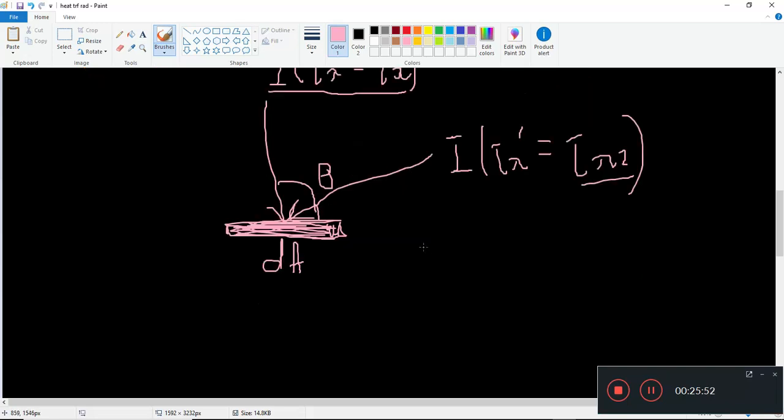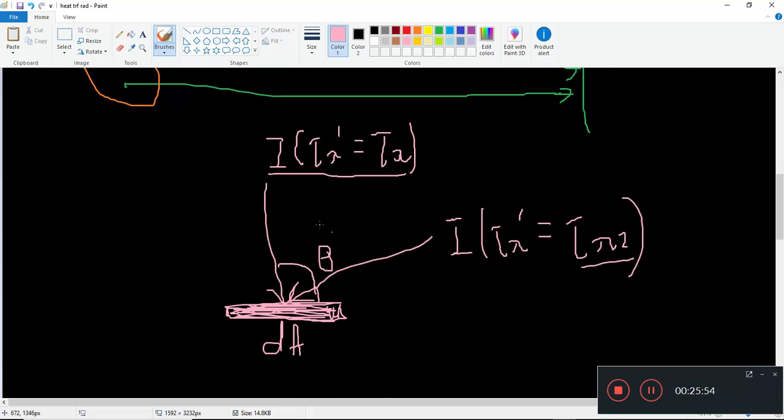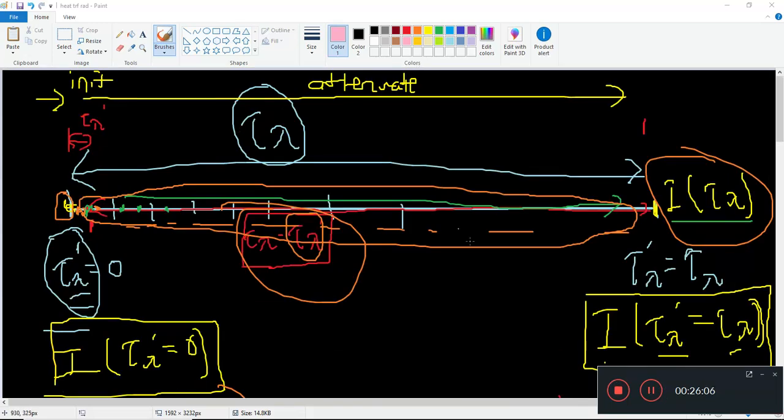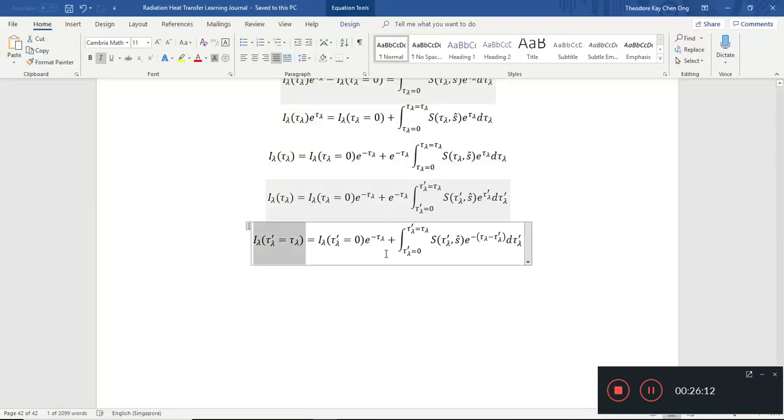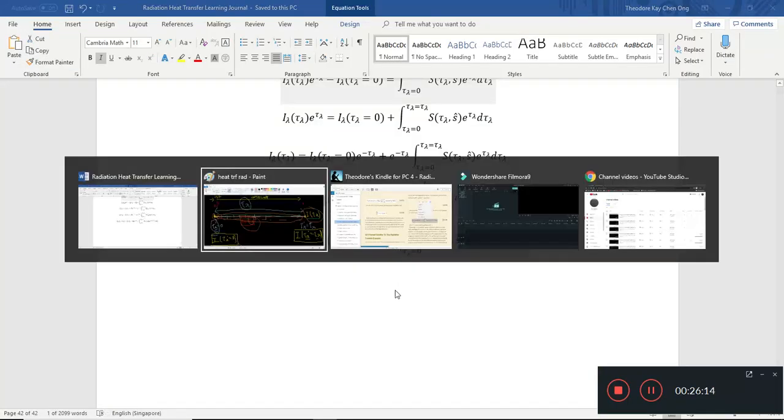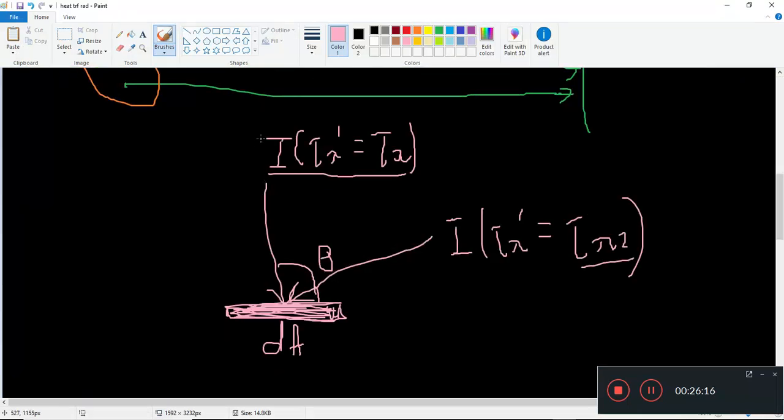Why? Because I'm not just describing the radiation from one angle. This equation over here doesn't describe the intensity from all angles. It's just describing the intensity at one particular angle.